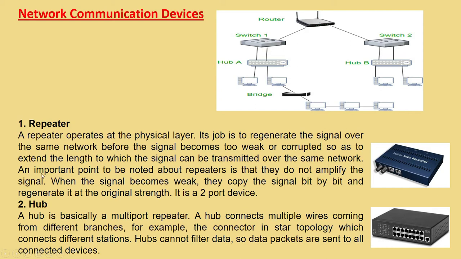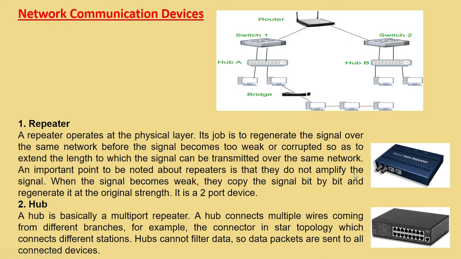An important point to be noted about repeaters is that they do not amplify the signals. When the signal becomes weak, they copy the signal bit by bit and regenerate it at the original signal strength, and it's a two-port device. Now see, this is the repeater device, and it is one type of network communication device.